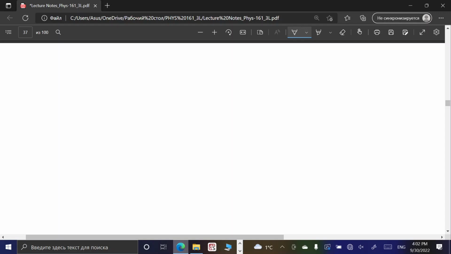In that case, this originates from the second law of motion, and in order to have a stable orbit, these forces should be equal to each other. If we equate them, the gravitational force equals the mass of the planet times the centripetal acceleration for this motion along a circular trajectory.